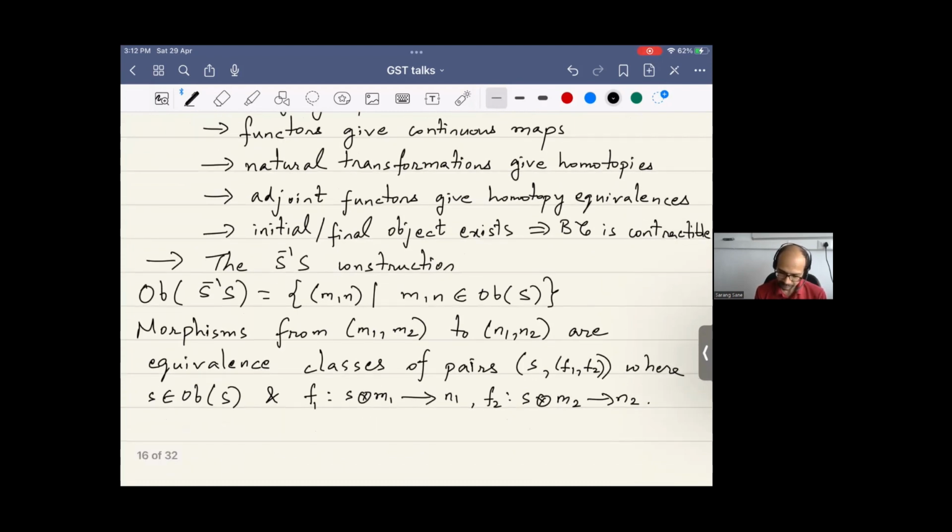Okay. Then finally, we looked at the S inverse S construction, which was sort of the main point of last time's talk. So I'll recall what this category is.